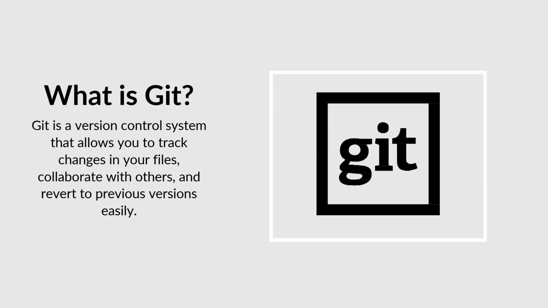You are updating your project again and again. Let's say you're building a website, so you're writing some code, then you're making some modifications, again writing some code, again making some modifications. So Git is going to help you track down all the changes you have made to your files over time.